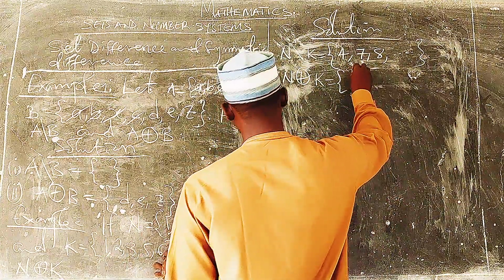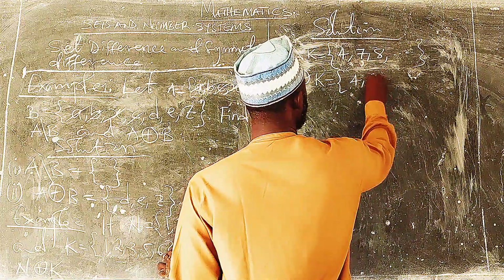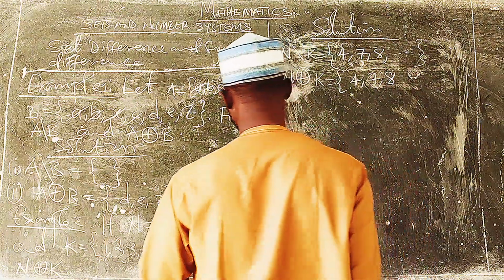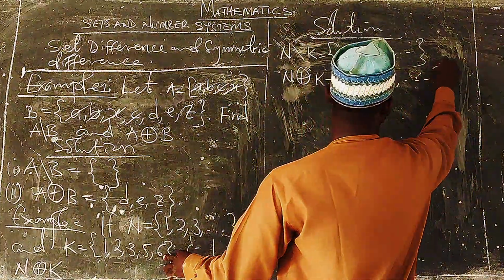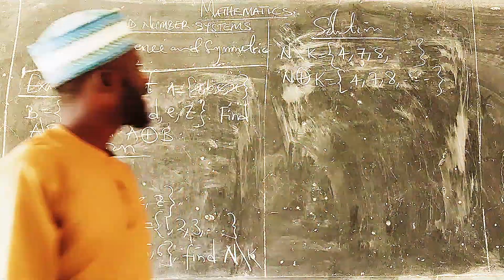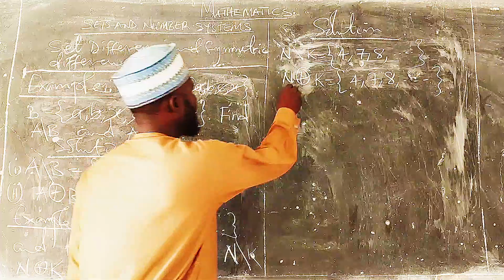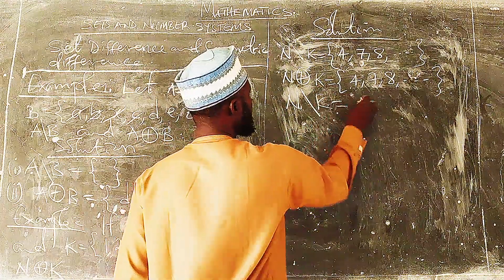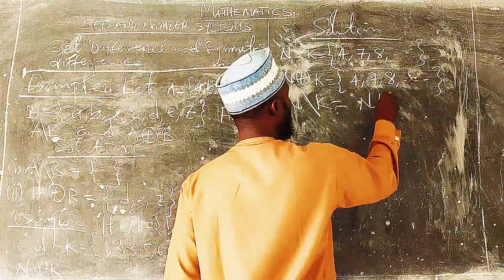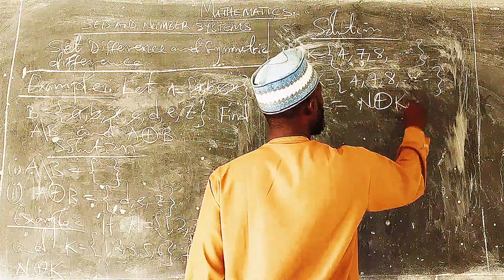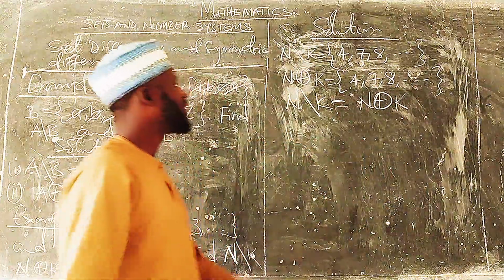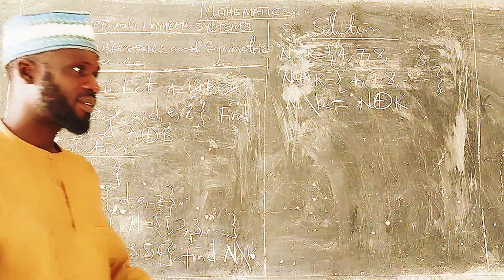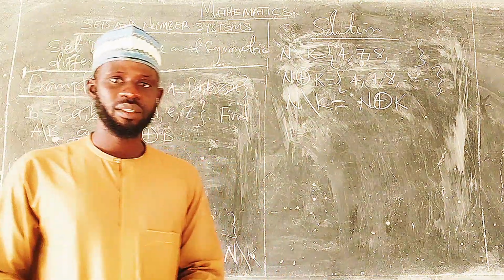So we start from 4, 7, 8, and then it will continue. So in this case, you see that in this example, N minus K is equal to this. I mean, the relative difference is equal to the symmetric difference in this situation.